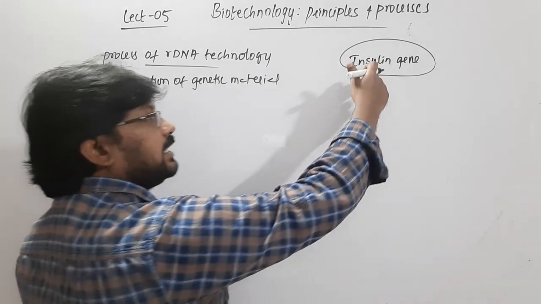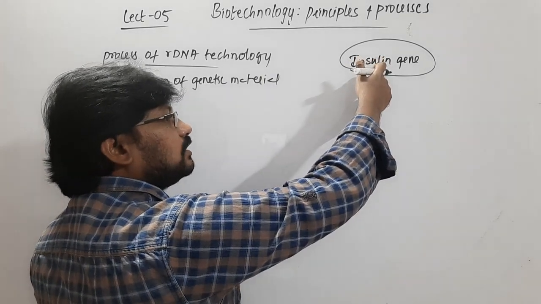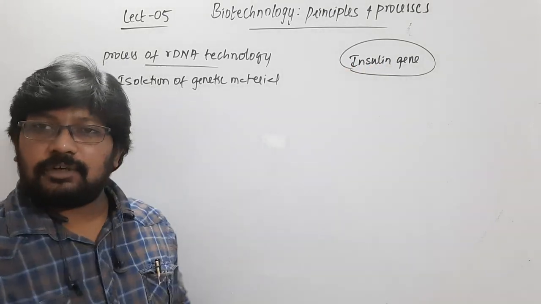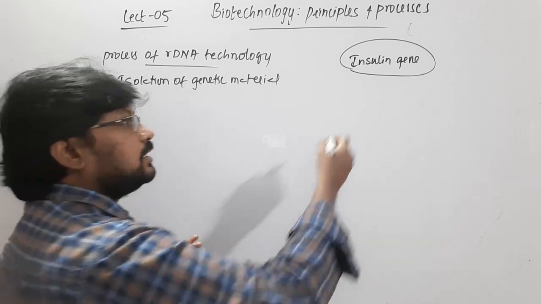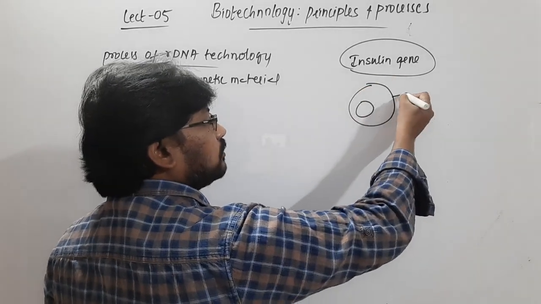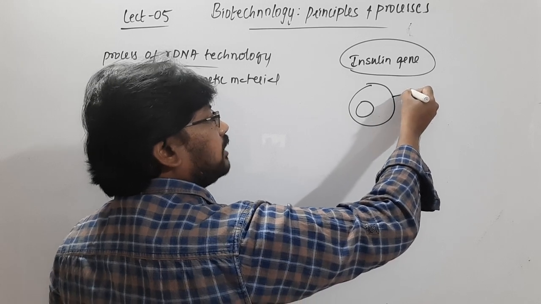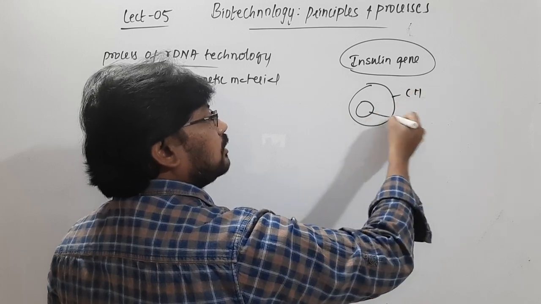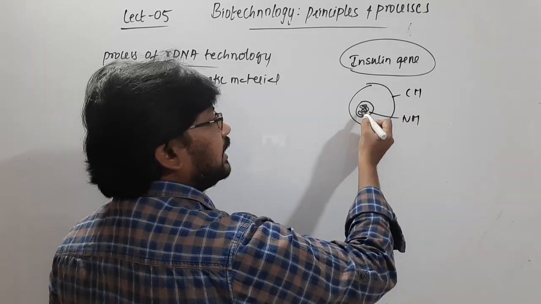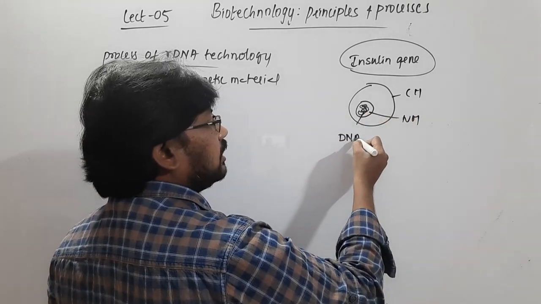In the pancreatic cell, of course it's a eukaryotic cell, you will find the cell membrane, the nuclear membrane, and inside that the DNA, that is the genetic material.